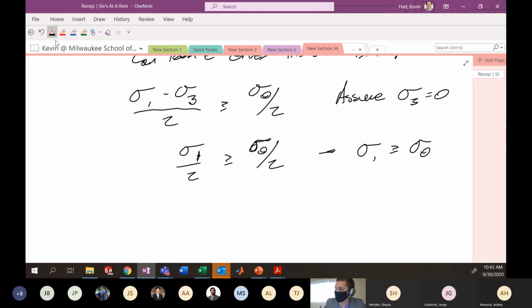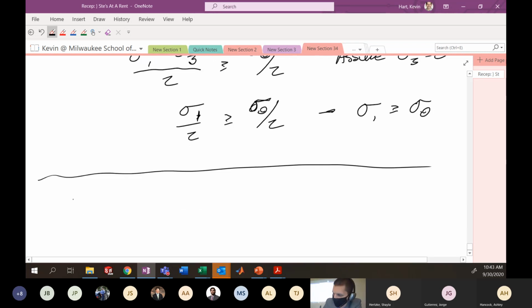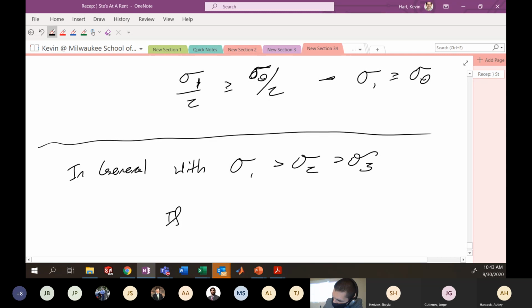But in general, the criteria is this. With sigma 1 greater than sigma 2 greater than sigma 3, if sigma 1 minus sigma 3 on 2 greater than or equal to sigma naught on 2, you fail.